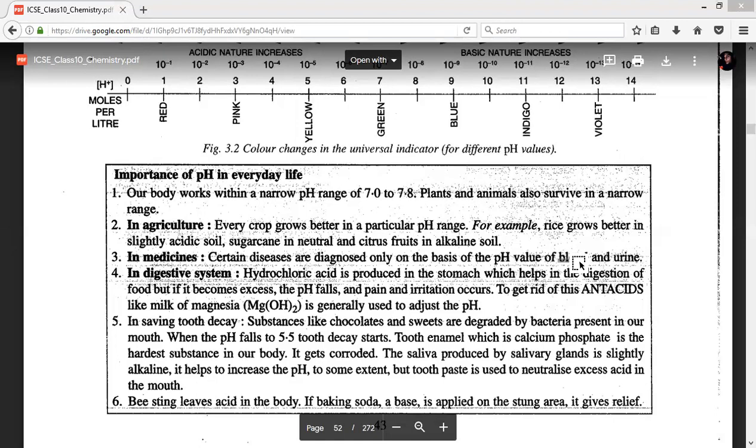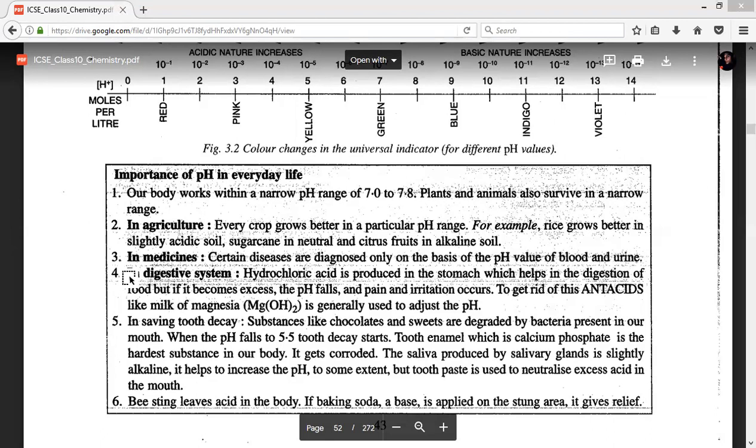If the pH of the blood and urine matches the specific value of a particular test, then you will be normal. By checking the pH in the blood test or urine test, we can diagnose different types of diseases, or we can diagnose whether we are normal or facing some problem.